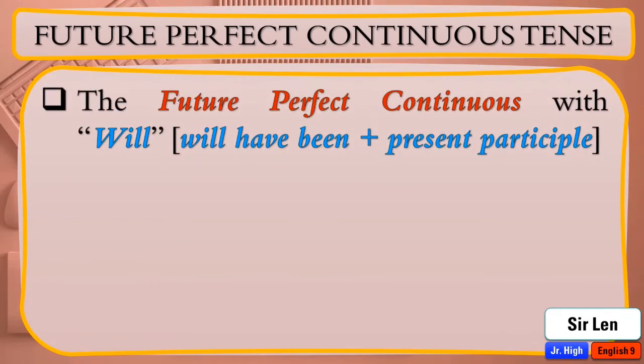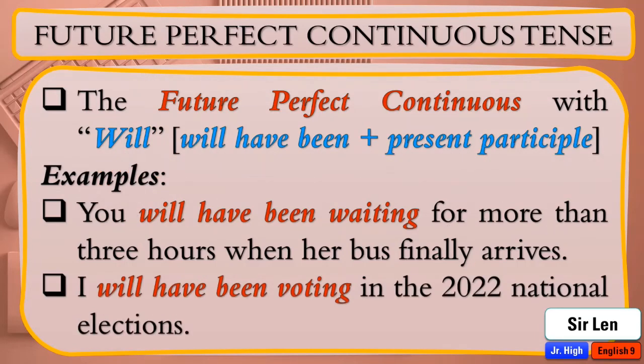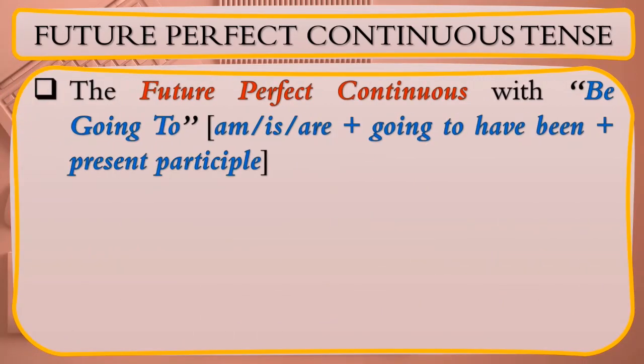The future perfect continuous using will have been plus present participle. Examples: You will have been waiting for more than 3 hours when her bus finally arrives. I will have been voting in the 2022 national elections. The future perfect continuous with am, is, are plus going to have been plus present participle.